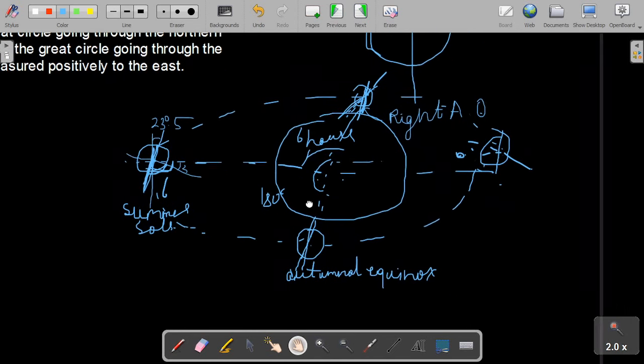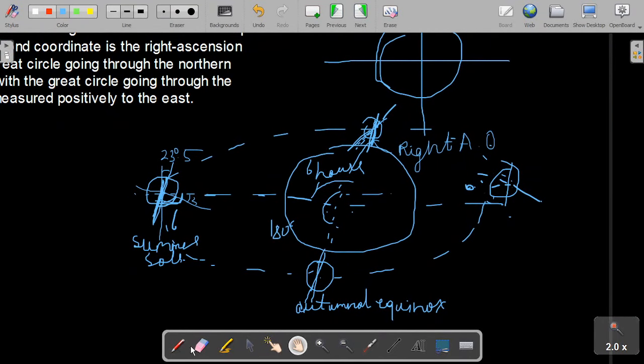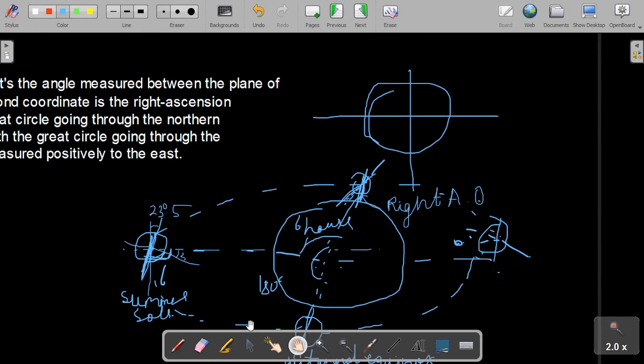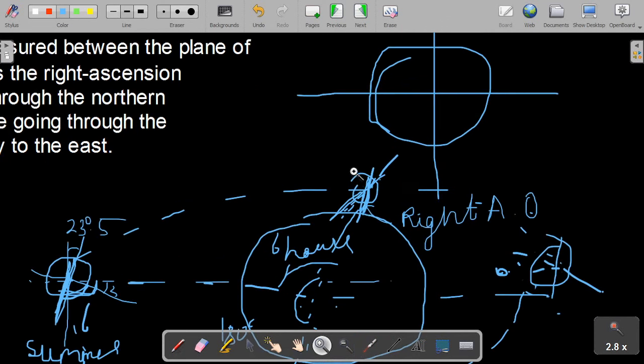Let me just write the dates if I can remember. The vernal equinox happens around the early 20s of March.